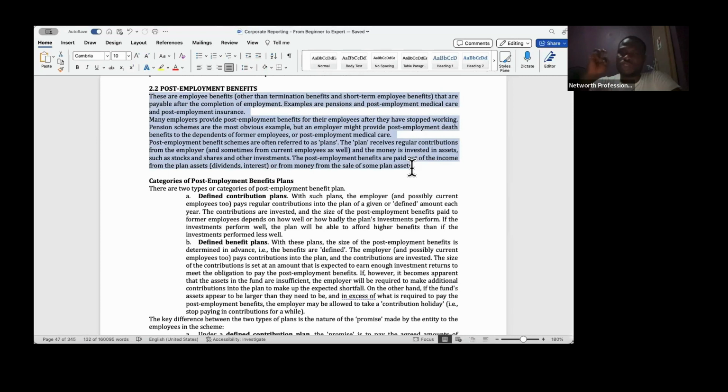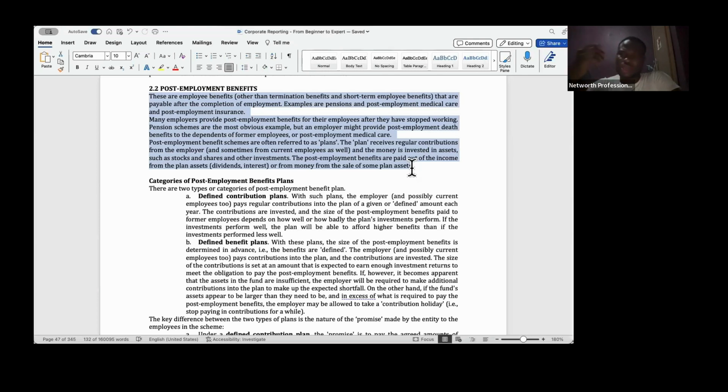That is when a post-employment benefit is paid. For that reason, we are speaking about a future period, about money we will pay to our staff much later into the future.